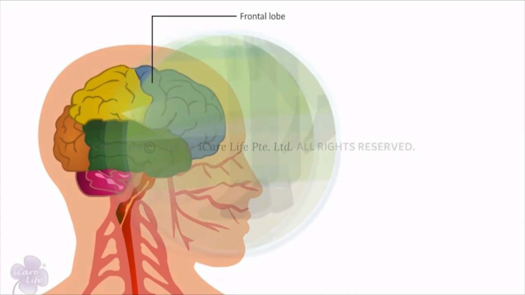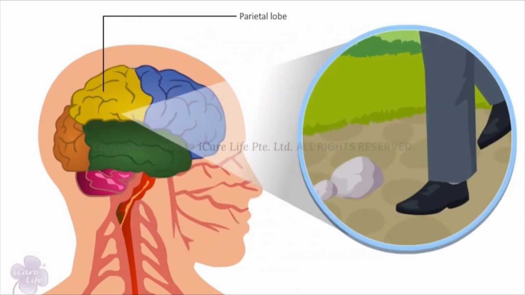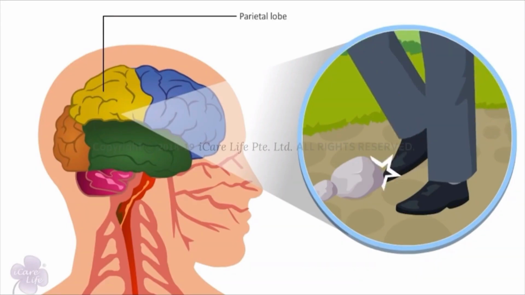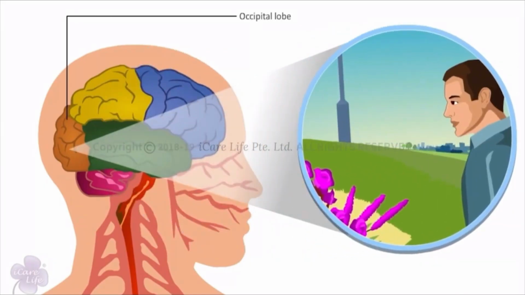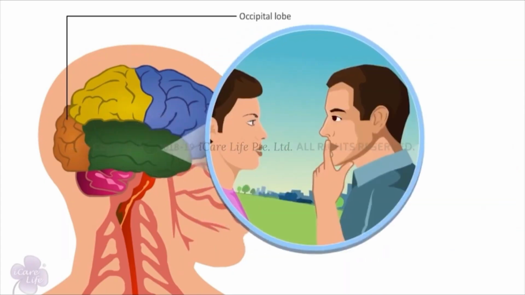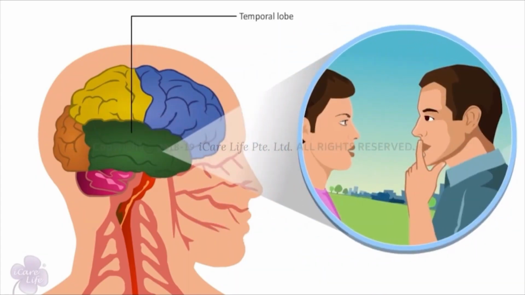The parietal lobe controls senses, movement, speech, imagination, pain, touch sensation, and intelligence. The occipital lobe controls the vision. The temporal lobe controls language, perception, and memory.